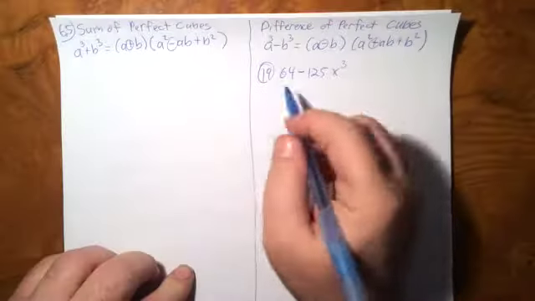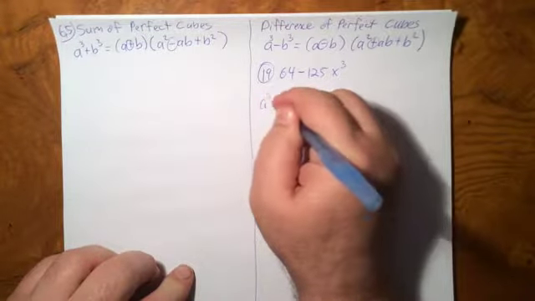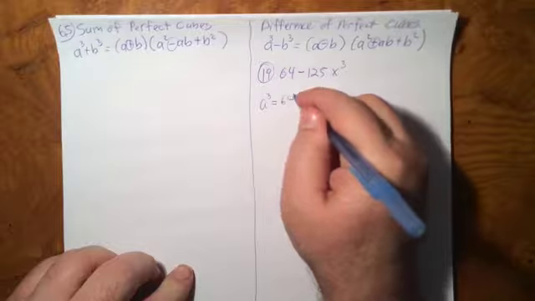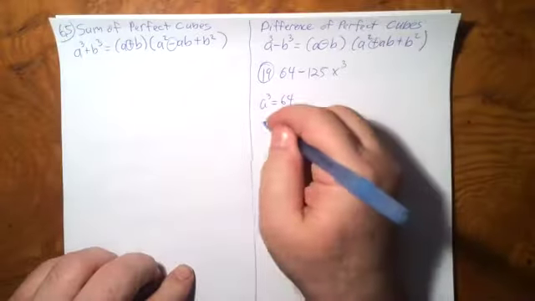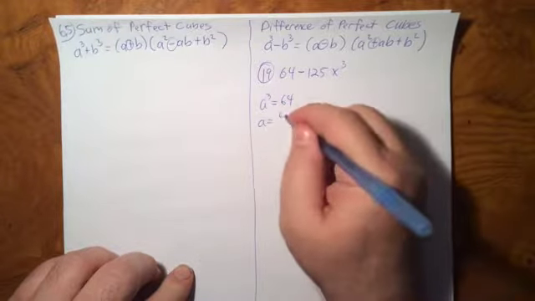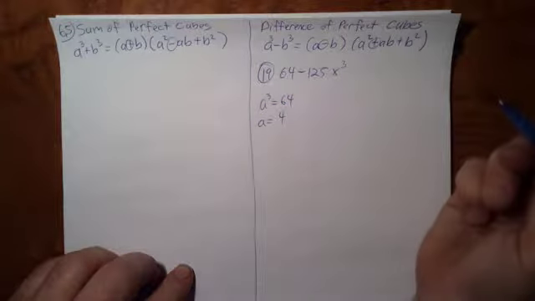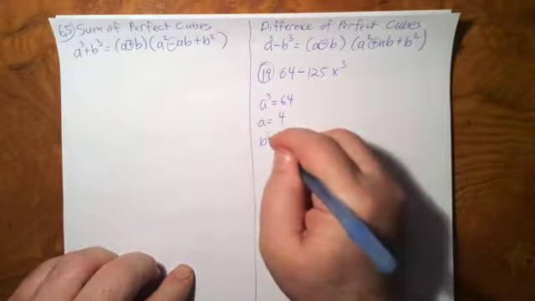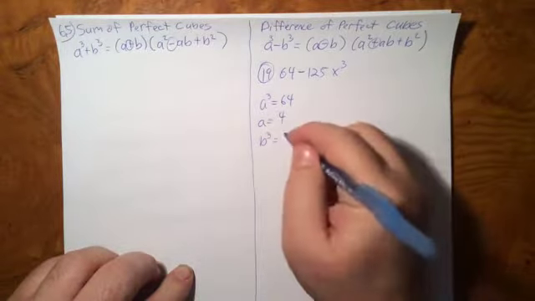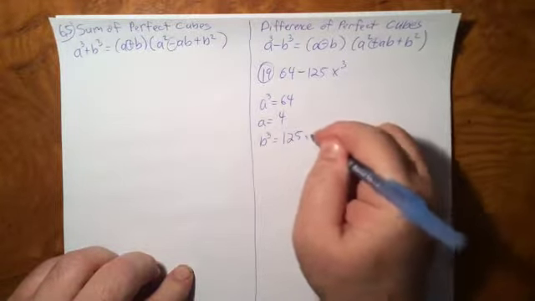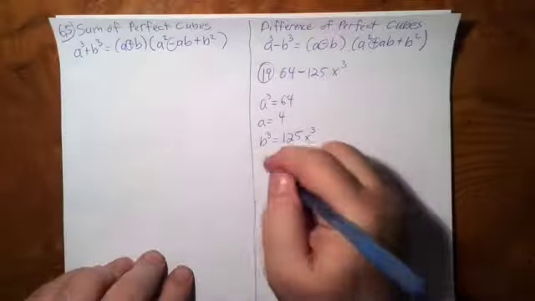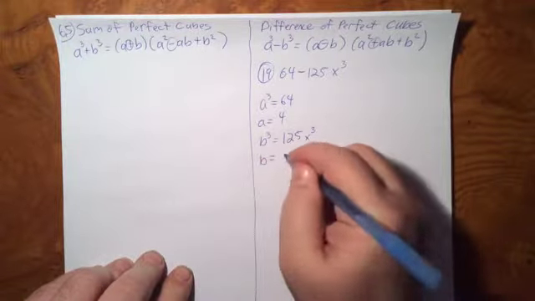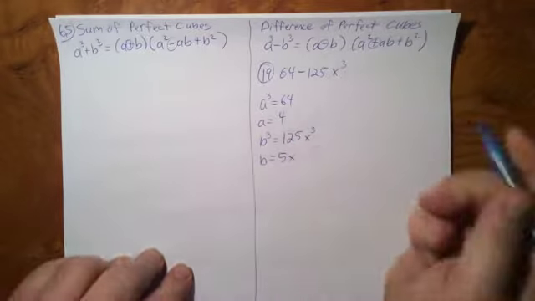So we're going to say let a to the third be equal to 64. So if a to the third is equal to 64, that means that a is going to equal 4. Next, we're going to let the value of b to the third be the second term, 125x to the third. So if b to the third is 125x to the third, b is equal to 5x.